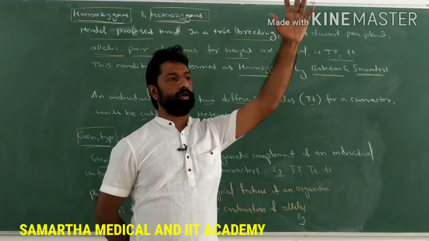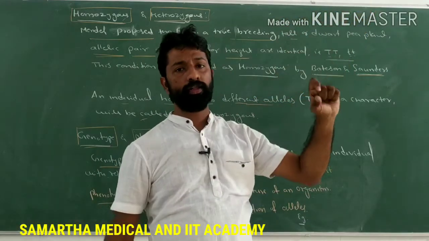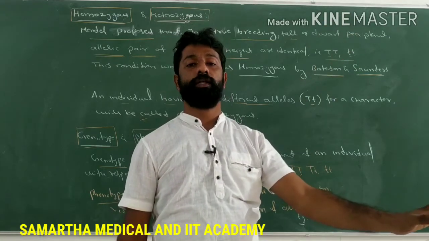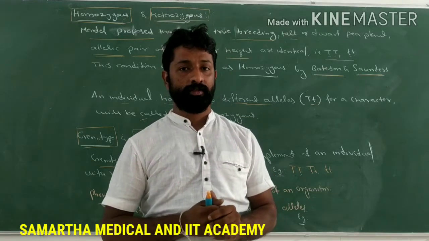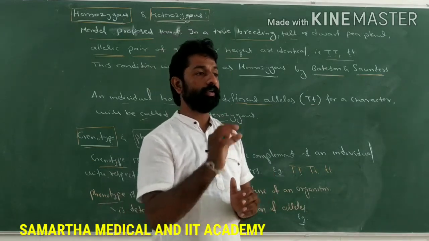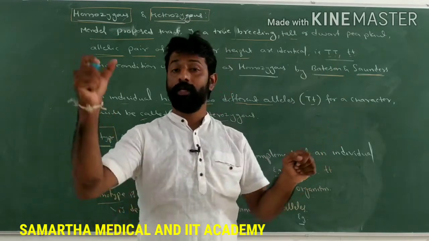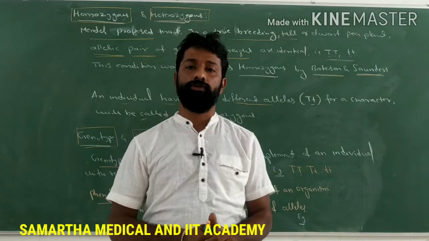She is tall, he is dwarf, meaning what you observe in that individual, tallness or dwarfness. So what terms did you use here? Tall, dwarf or short, long hairs, curly hairs. These words denote the phenotype of that individual.